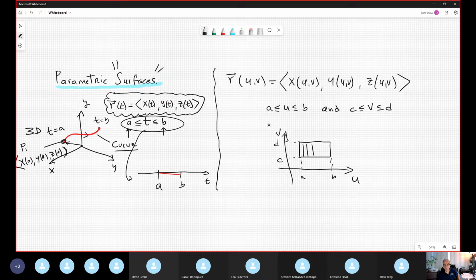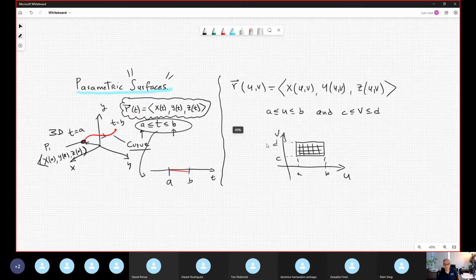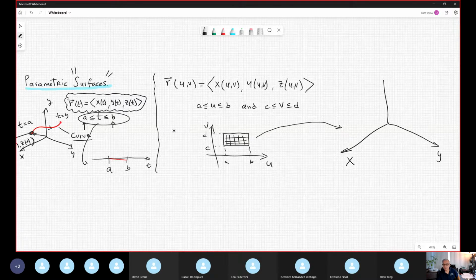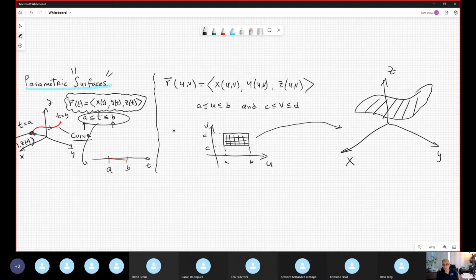Any point inside this rectangle, when you plug it into the vector valued function in two dimensions, generates, in the three-dimensional context, a surface. For example, that point is this point.